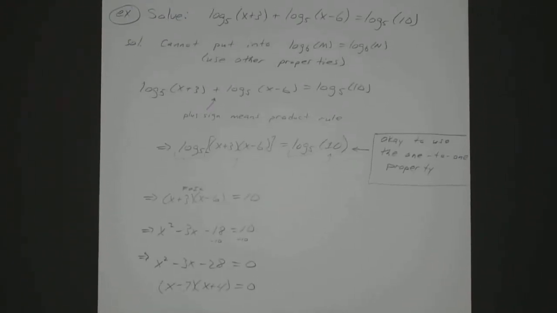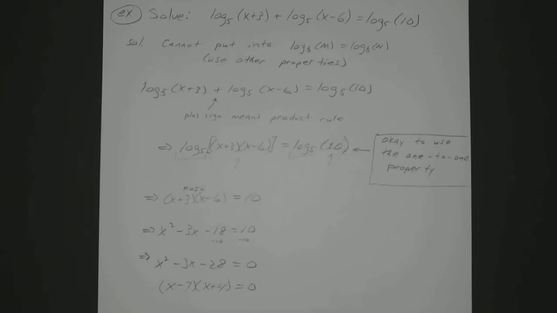Okay, so if we look at our original equation, I'll rewrite it down here, just so we don't have to keep sliding it up and down. Log base 5 of x plus 3 plus log base 5 of x minus 6 equals log base 5 of 10.